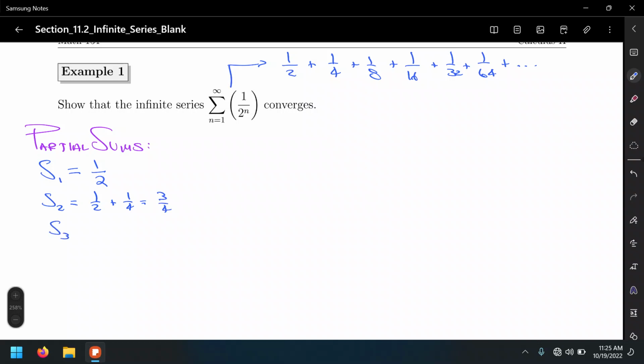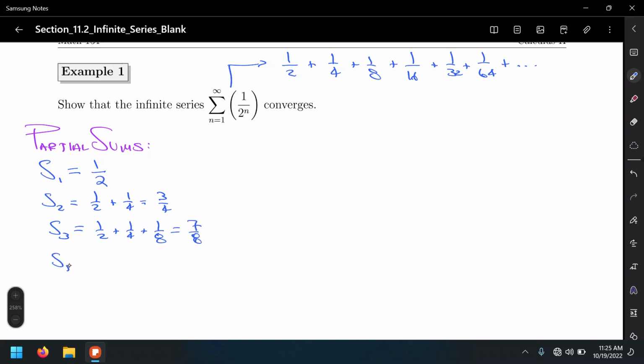What about s sub 3? That's the partial sum involving the first three terms. That's 1/2 plus 1/4 plus 1 over 8. And combining these numbers together, again, I don't want to do too many LCDs and the like, that should be 7 over 8.